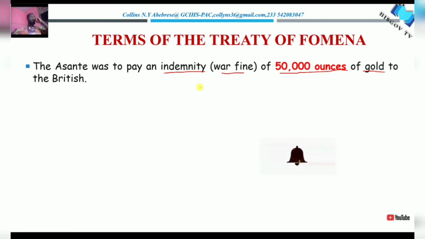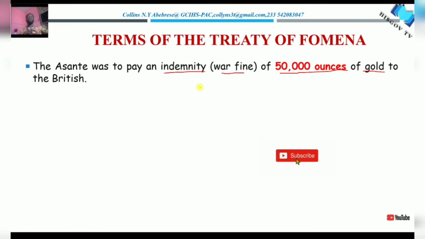If you look at European history, Germany at the Treaty of Versailles, after the First World War, was fined, and that was even the reason why Adolf Hitler came back with the Second World War. So war indemnity has been there. The loser would always pay for the cost of the war.